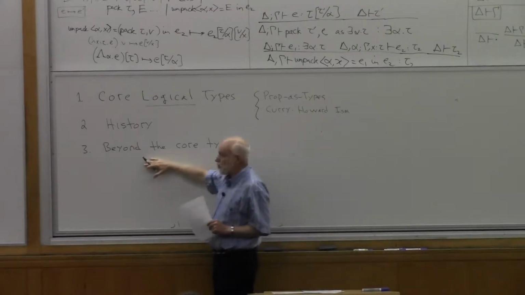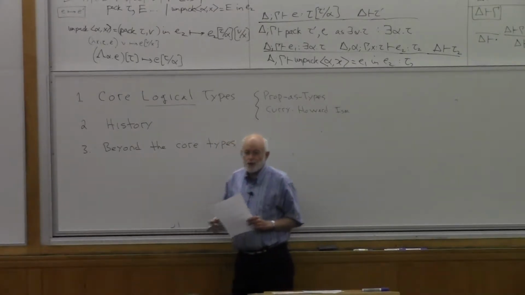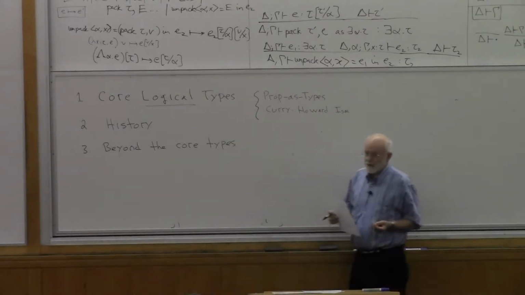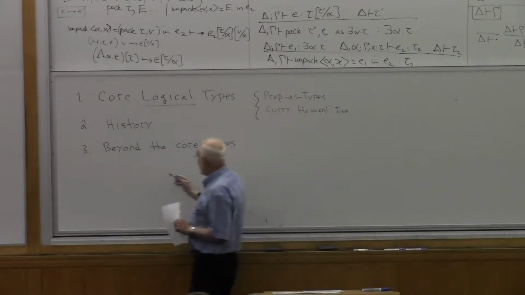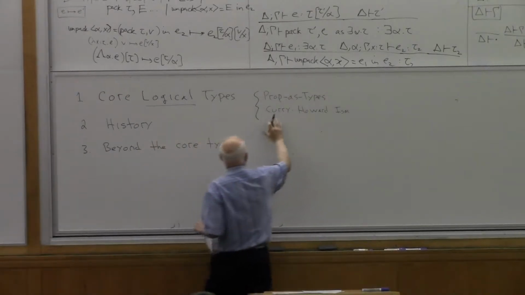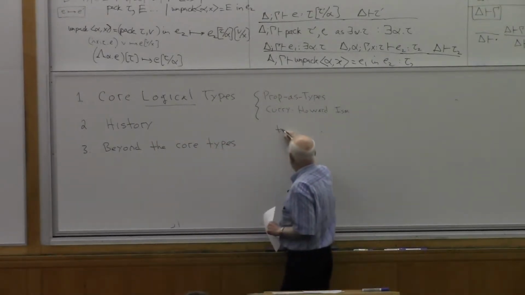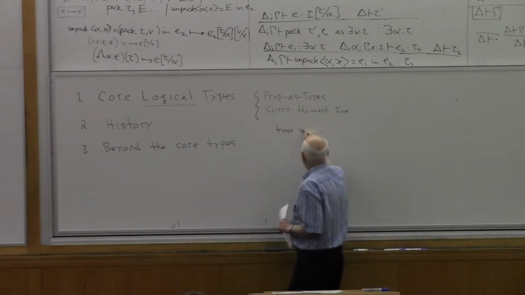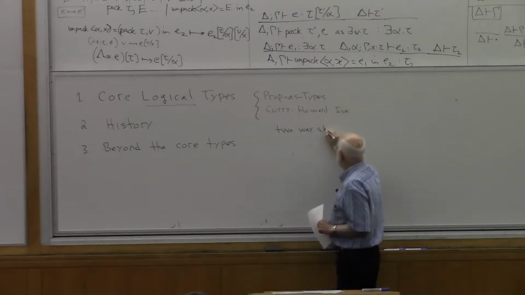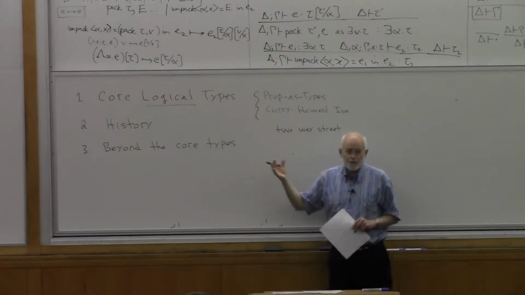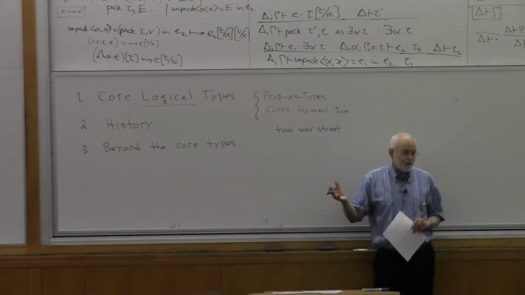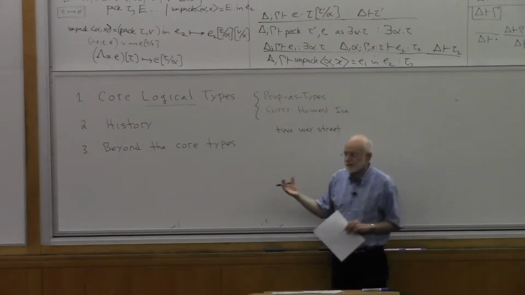But I want to go beyond these and show you something that I think is really the dynamic of this whole field. And that is that this thing is a two-way street. So you can either start on the logic side and think up the types, or you can start with the types and you'll find some of them are logical types.